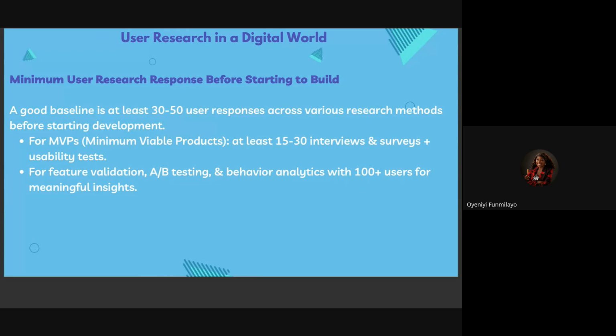For a small product like a startup company that has 1,000 users, to validate a feature, you need 100 responses before you build. If it's a startup, the minimum you should even use is 100, the minimum.